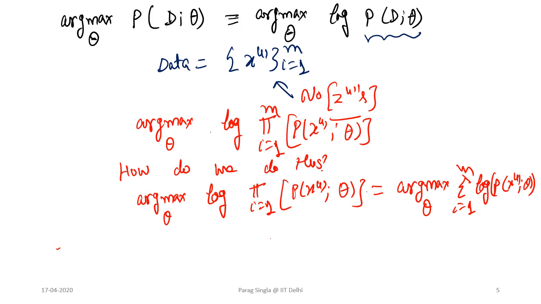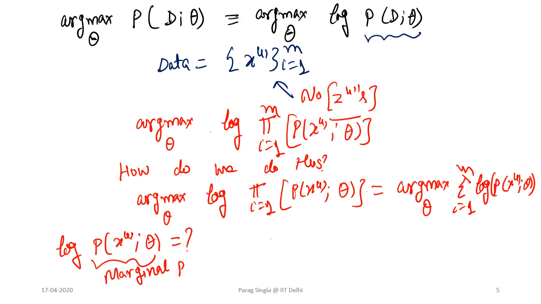But now the question is, what is the expression of log of p of xi parameterized by theta? This can be thought of as the marginal probability of the data points xi. The challenge here is that we do not have an explicit form for p of xi parameterized by theta, but what we have is p of xi, zi parameterized by theta.